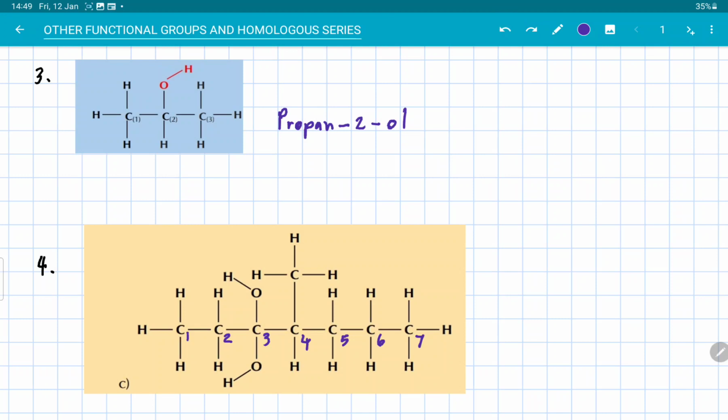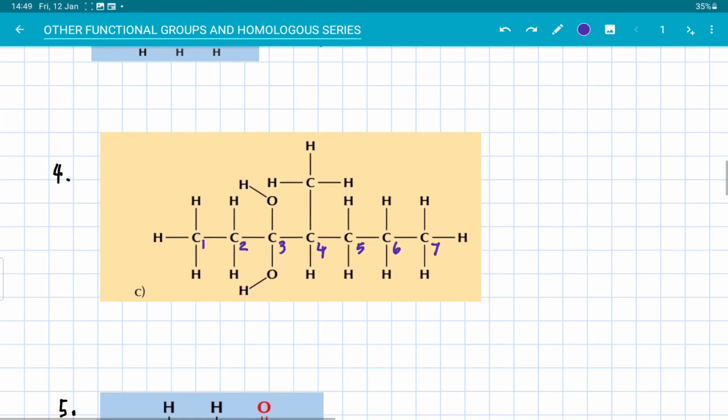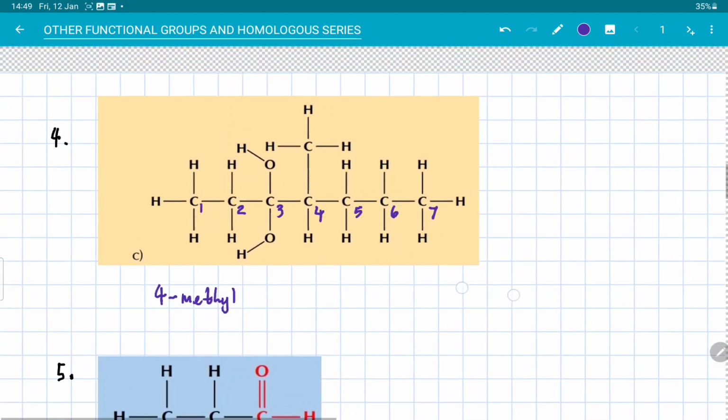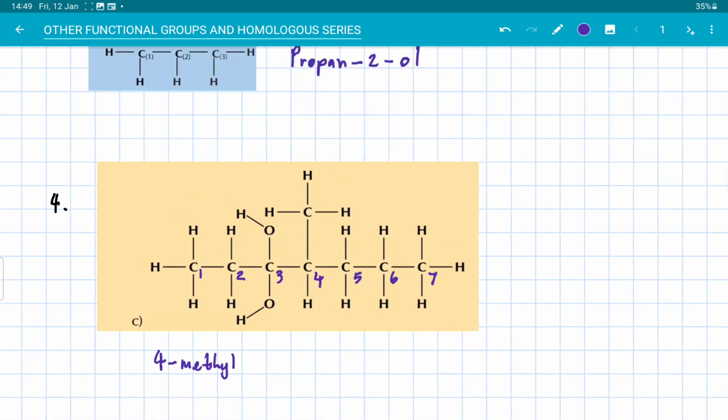Now there is a methyl group, and we must mention that the methyl is on carbon 4. So it is 4-methyl, hept for 7. Now we must mention the positions of that arm.